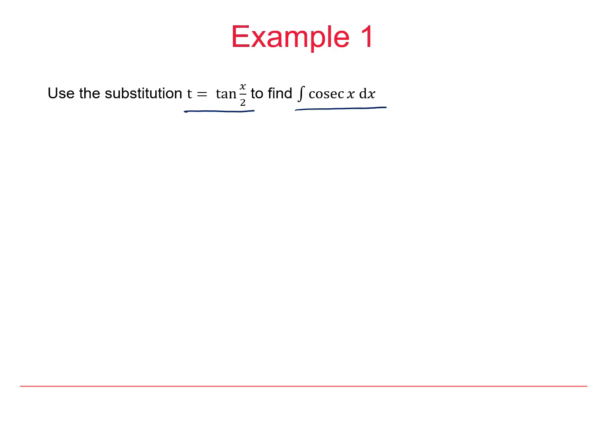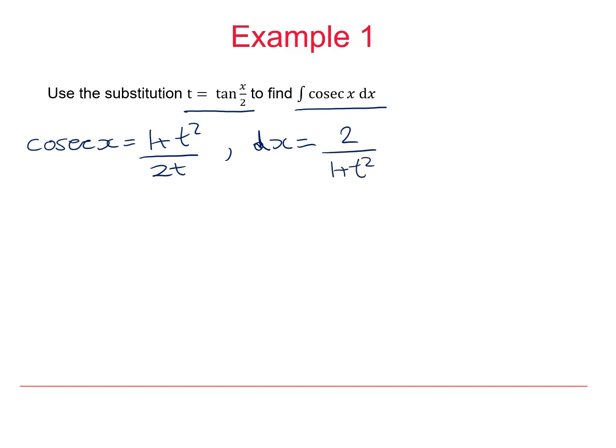So using my t formulae, I can state that cosec x is going to be equal to 1 plus t squared over 2t when t equals tan x over 2, and dx is going to be equal to 2 over 1 plus t squared dt.